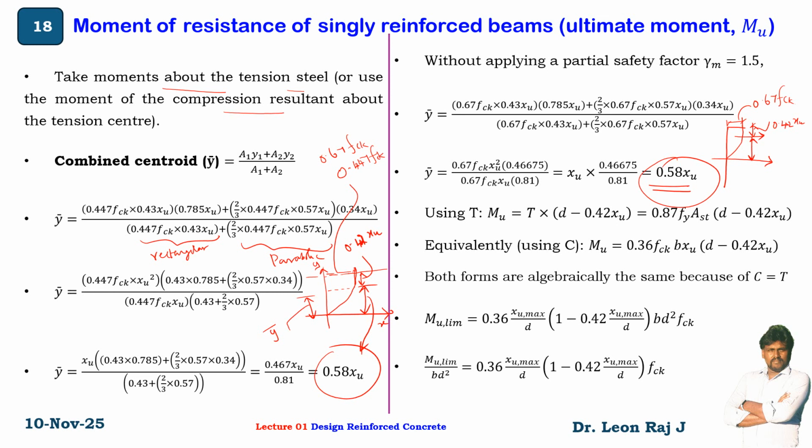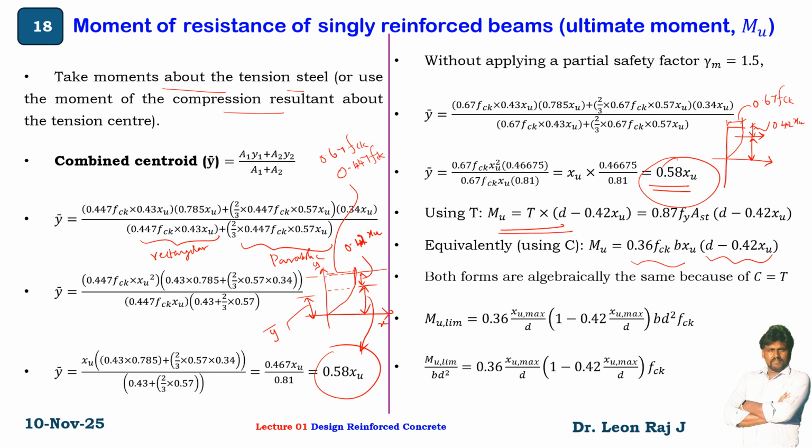So just by substituting these values, you will get the moment of resistance, that is equal to T into D minus 0.42 XU, that is 0.87 FY AST into D minus 0.42 XU. Equivalently, you can use the compressive force in concrete, that is 0.36 fck B into XU into D minus 0.42 XU.